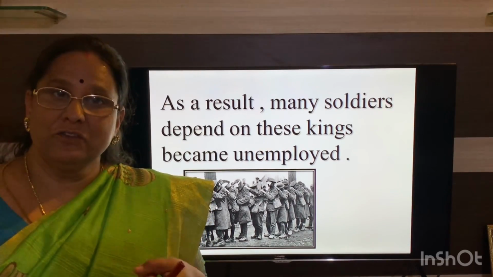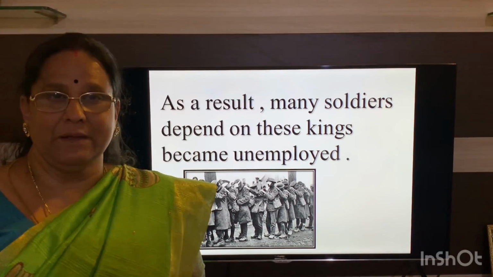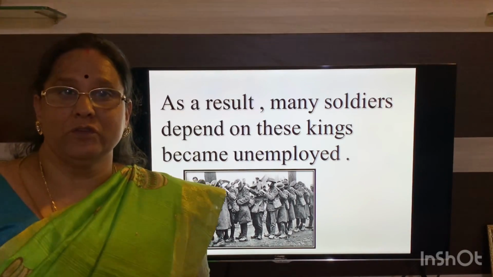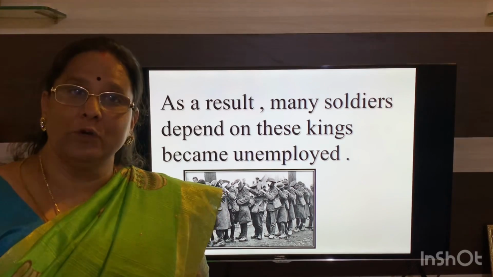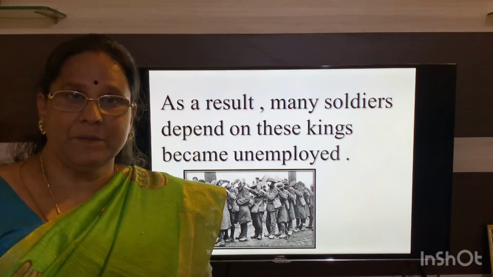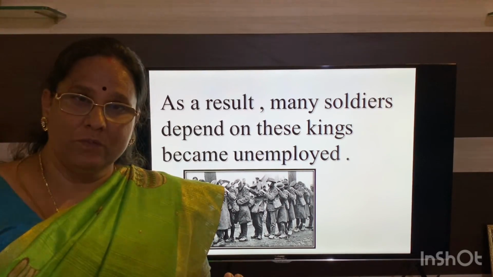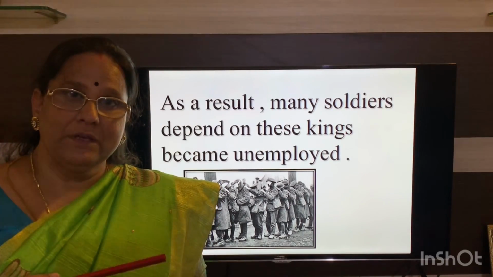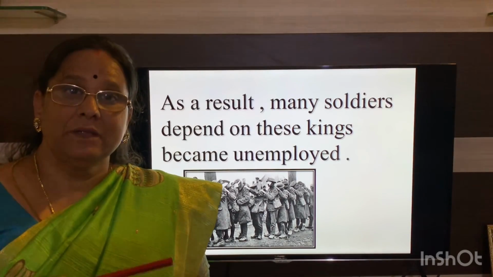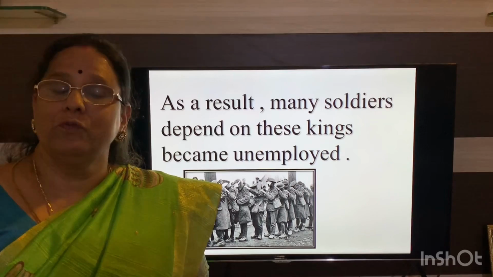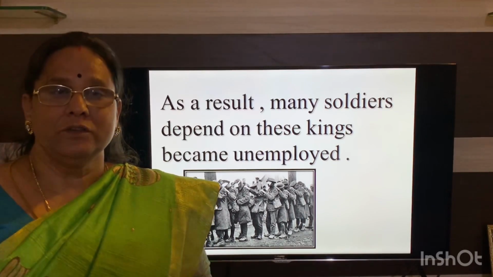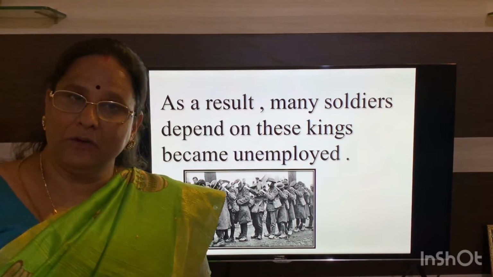And the last one is soldiers: soldiers became unemployed. So these are the points you have to remember in the political causes. Remember 4 keywords: first, doctrine of lapse; second, kingship; third, dethroned; fourth, soldier. Now let me start with the economic causes.